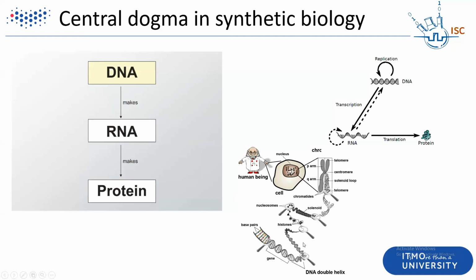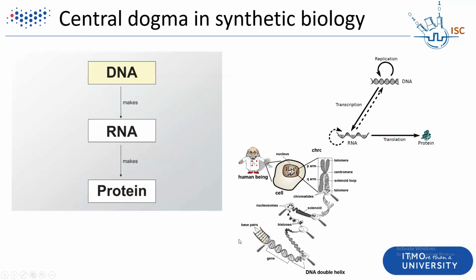The chromosome is made from the parts which are called nucleosomes. These are histones plus the DNA double helix molecule. And it is very heavily packed to produce some structure called solenoid.